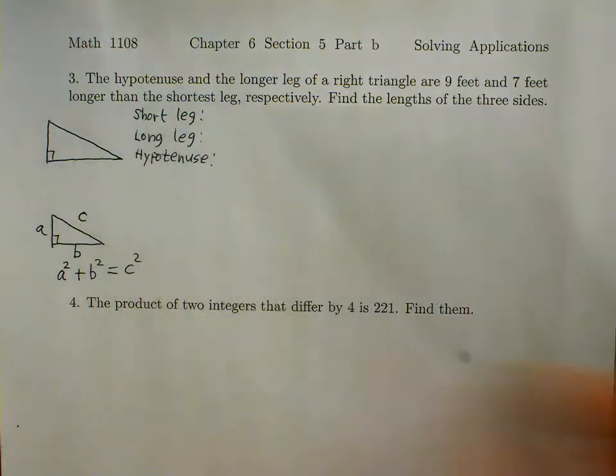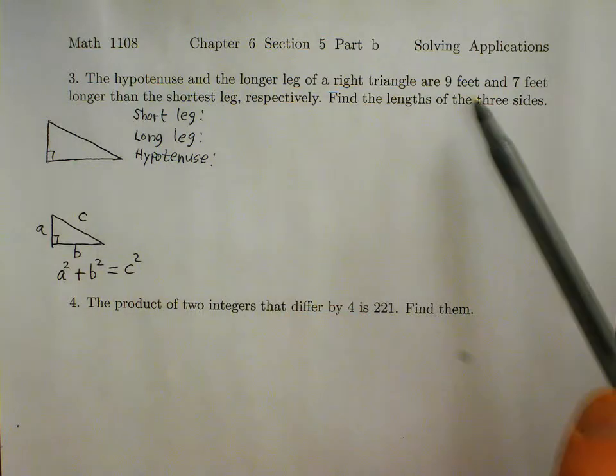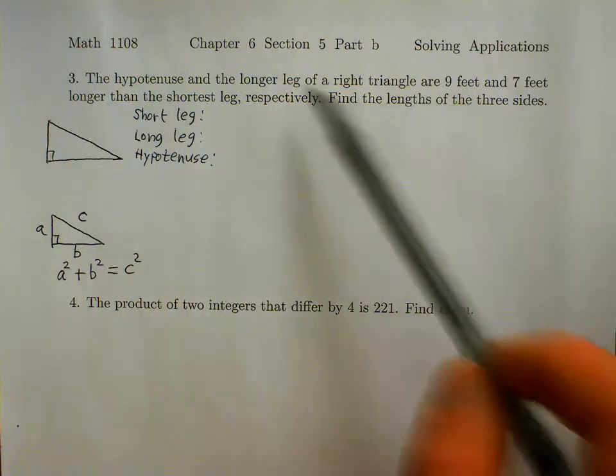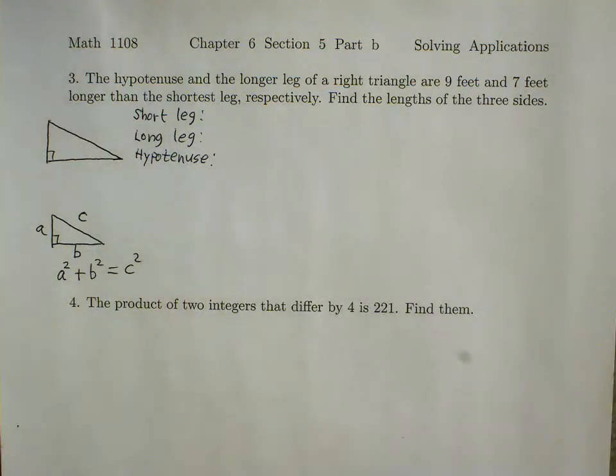If you wanted to write two sentences, you could say the hypotenuse is 9 feet longer than the shortest leg, and the longer leg is 7 feet longer than the shortest leg, right?